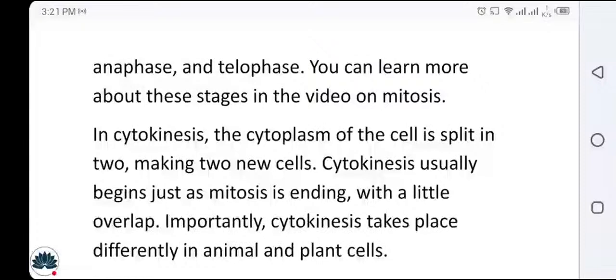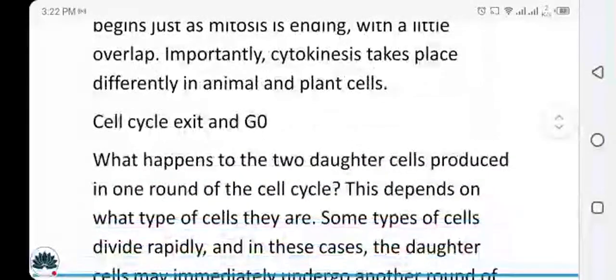In animals, the cytoplasm divides and the cell membrane basically divides. But in plant cells, is there anything extra? Cell wall. It means that the cell wall in plant cells divides. So cytokinesis in plant cells means the cell wall is dividing, while it is absent in animals.